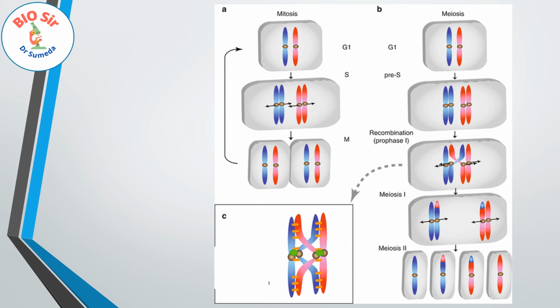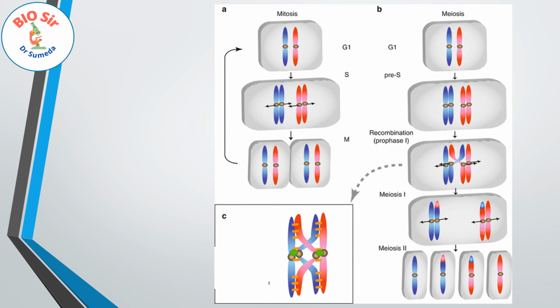In prophase 1 especially, there is recombination, and at meiosis 1, chromosome separation, and you will have 2 cells with n, not 2n. Ultimately, with meiosis 2, you will have 4 n cells, 4 haploid cells.